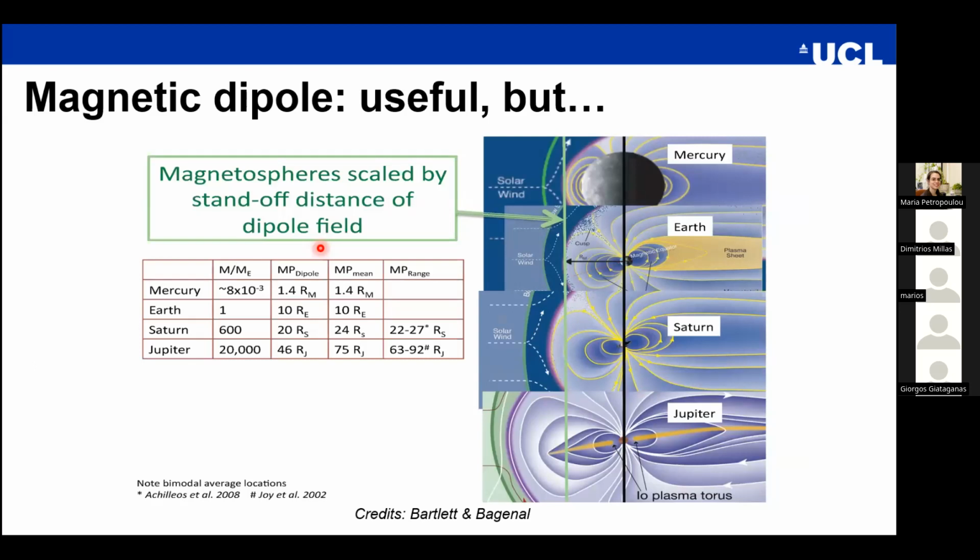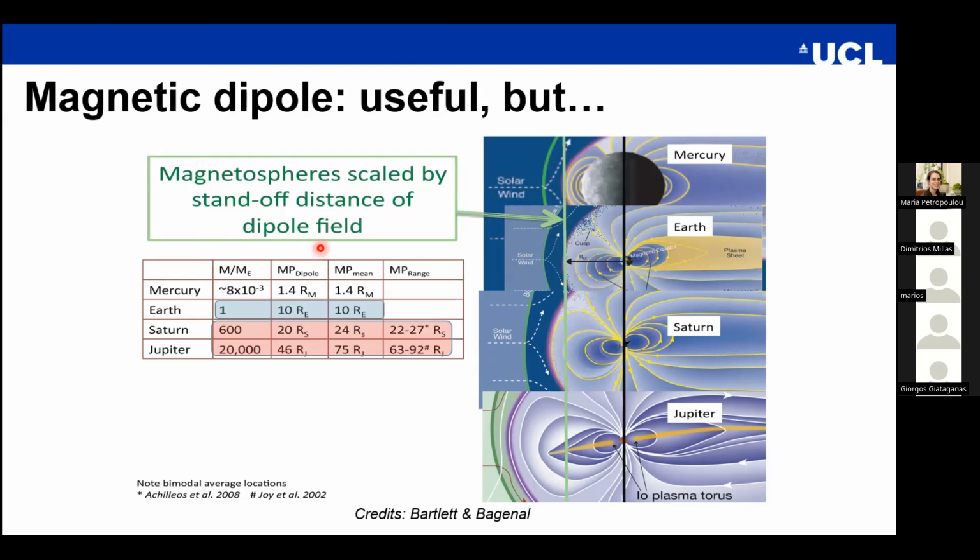And if you do this exercise, let's say for the Earth, and you predict the location of the magnetopause, this fits quite well with the existing data, around 10 terrestrial radii. If you do the same exercise now for Saturn and Jupiter, who of course have magnetic fields hundreds or thousands of times stronger than the terrestrial magnetic field, your predictions are off, especially for Saturn.